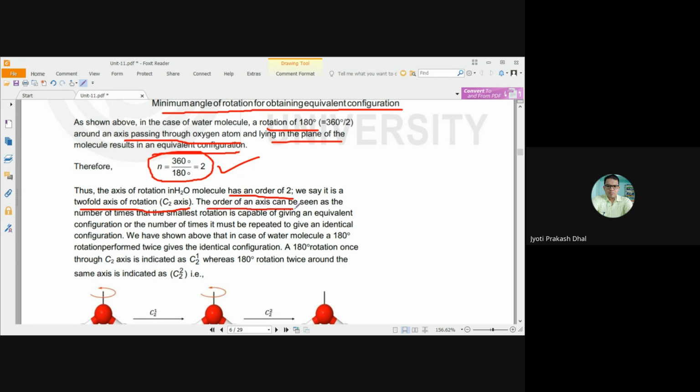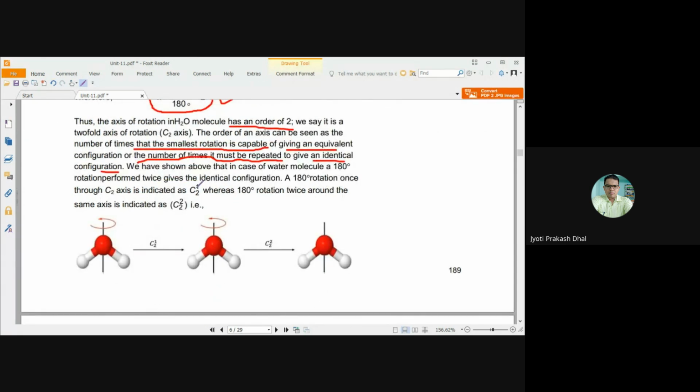The order of an axis can be seen as the number of times that the smallest rotation gives an equivalent configuration, or the number of times it must be repeated to give an identical configuration. We have shown above that in the case of water, a 180-degree rotation performed twice gives an identical configuration.